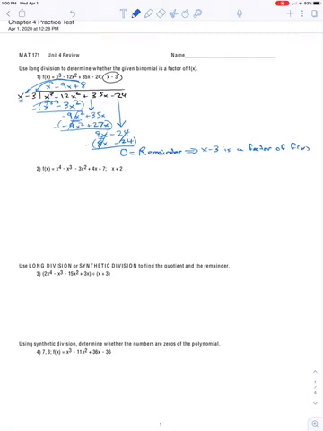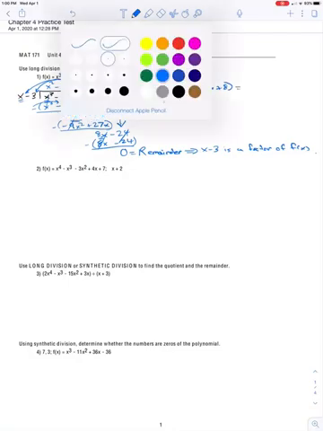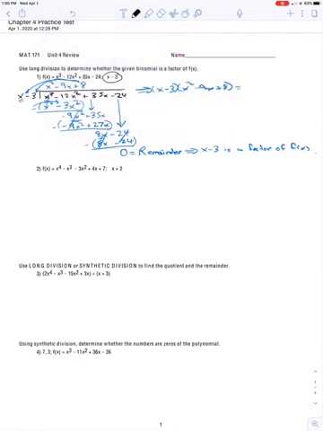We know when we check division, divisor times quotient always equals dividend. X minus 3 times x squared minus 9x plus 8 gives us that cubic polynomial that we're looking at, which is x cubed minus 12x squared plus 35x minus 24.